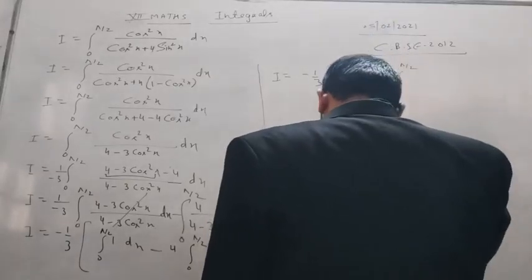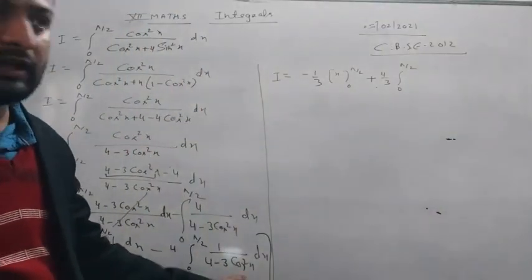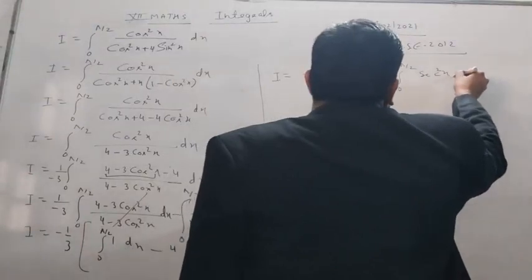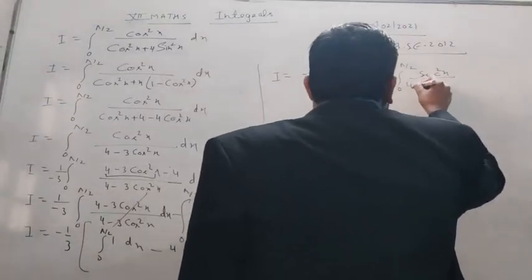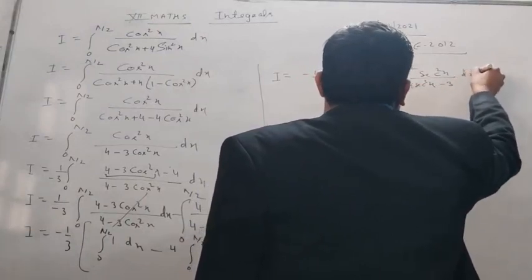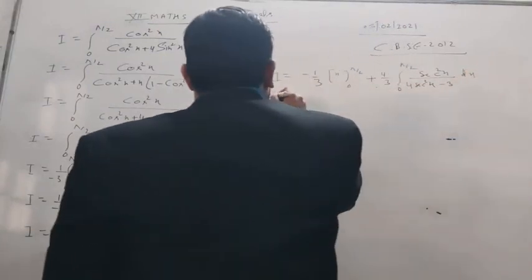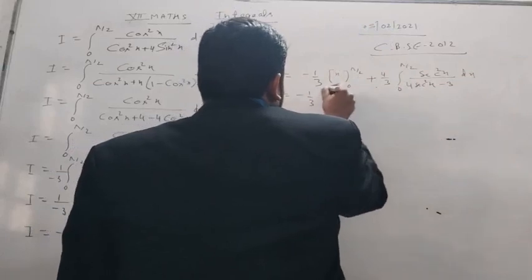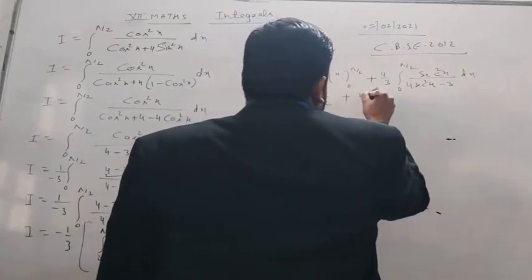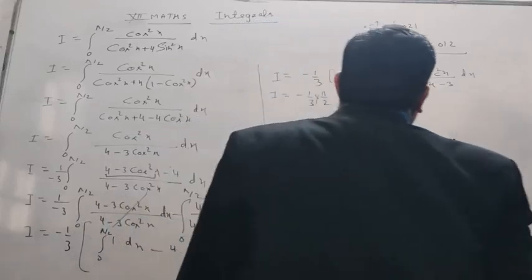And students, when we divide this part by cos square x, we get sec square x above and 4 sec square x minus 3 below, dx. Okay, students, so I is minus 1 by 3 times pi by 2 plus 4 by 3.